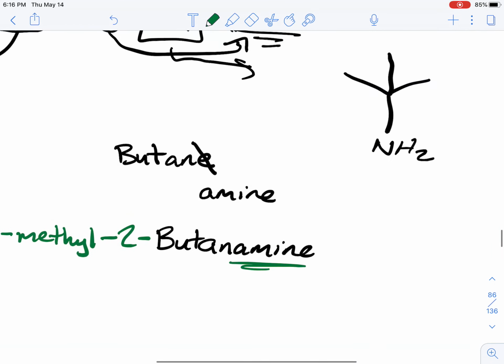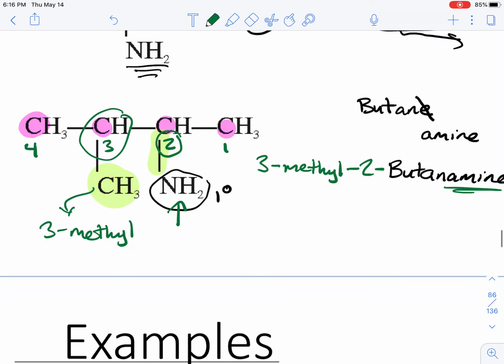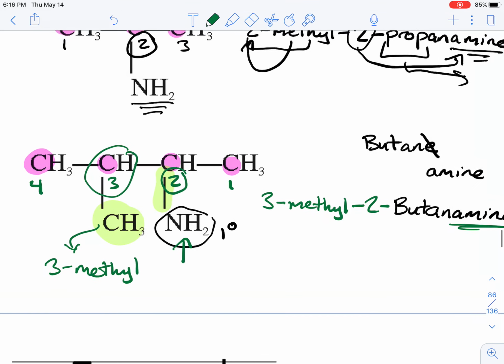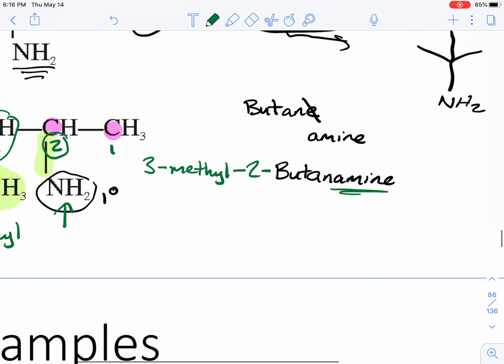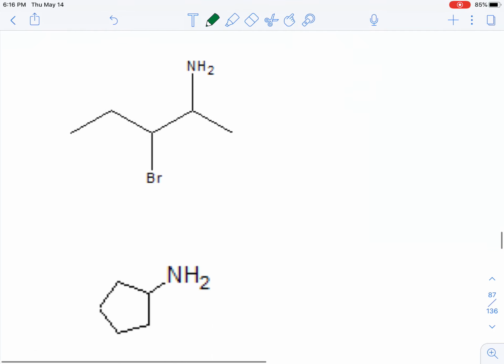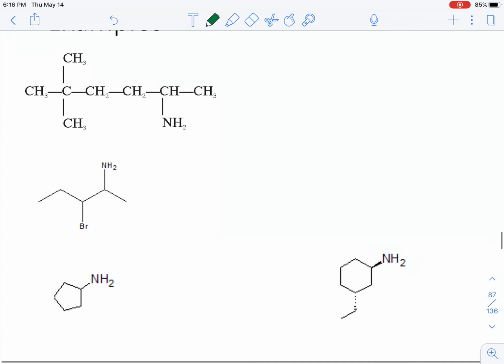And you guys can draw it as the skeletal structure, just so that you have an idea to go on how to go forwards and backwards. So remember that this 2 is going to represent the carbon number of where that amine is found. Okay, and so we're going to go ahead and take a look at these examples here.